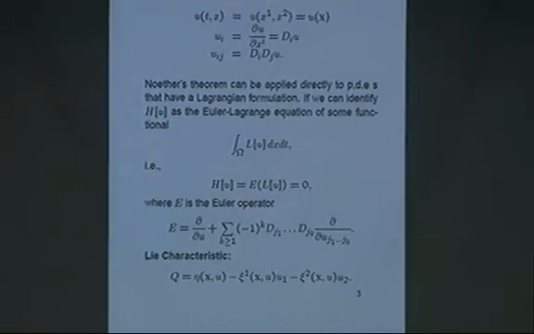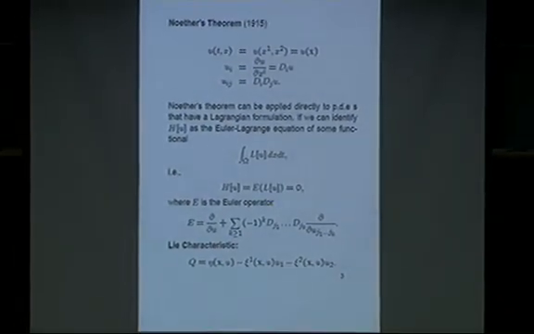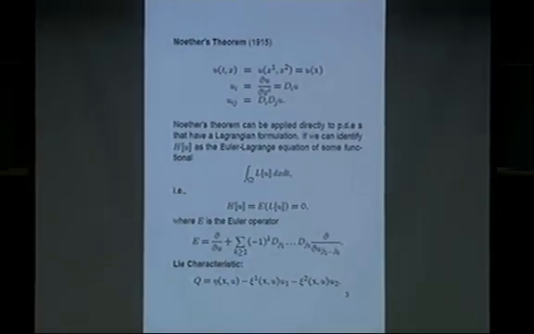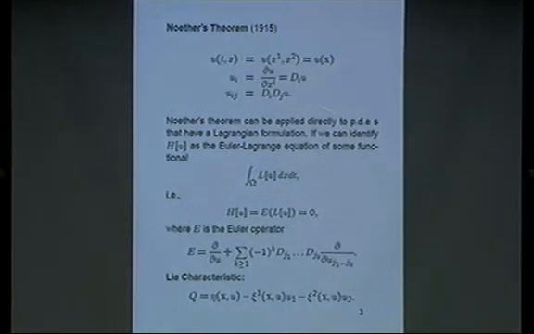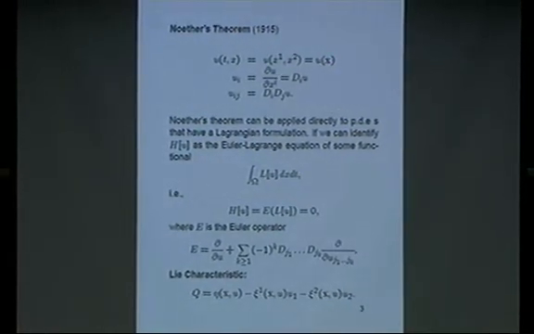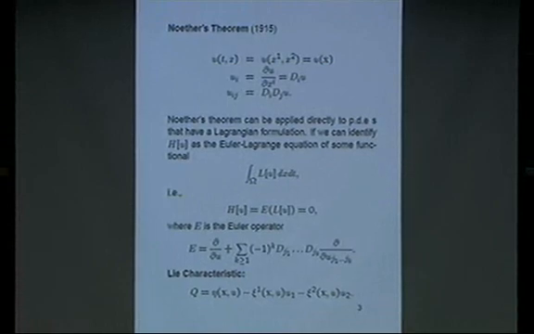Okay, one of the few tools that we have around is Noether's theorem. Now, I guess most of us have seen this at one time or another. Just x and t space here. This is just notation. The idea is that if there's some variational background to the problem, that is, if H is an Euler-Lagrange equation.